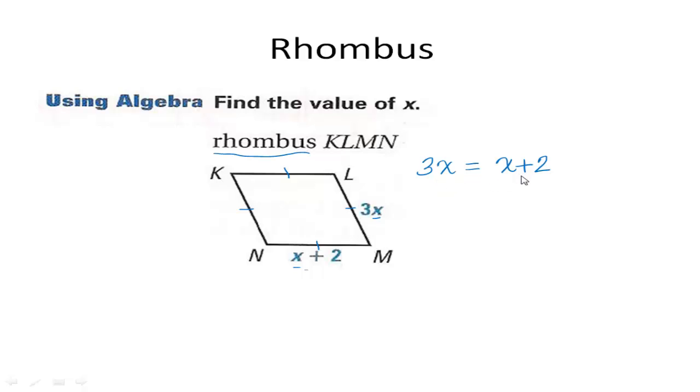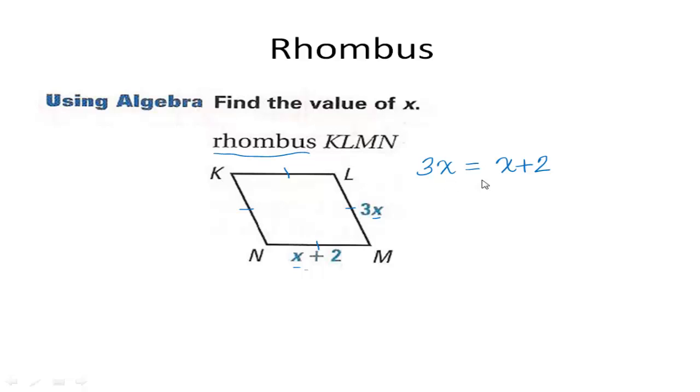Now to solve this equation, and notice I always say this in class, this is where geometry stops and algebra starts. All I used from geometry was the fact that this is a rhombus and that all sides are congruent, and I wrote an equation. From this point on, it's all algebra, so you need to be very sharp with your algebra skills.